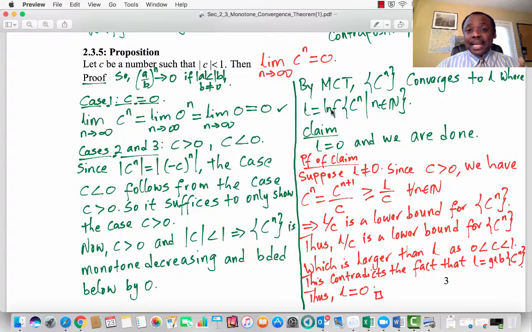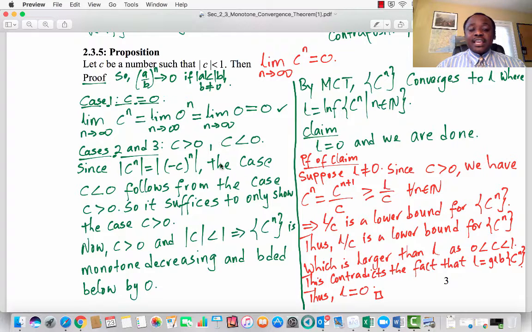There is no bigger lower bound of our set S. So L divided by c cannot be a lower bound for our sequence c raised to the power n. This is a contradiction which arises from the assumption that L is different from 0. Therefore, L equals 0 and we are done.